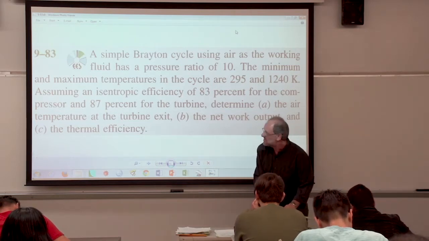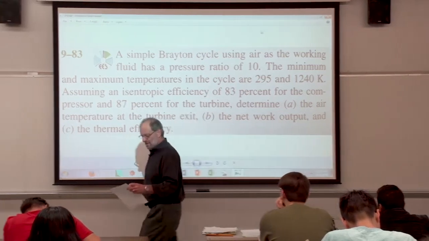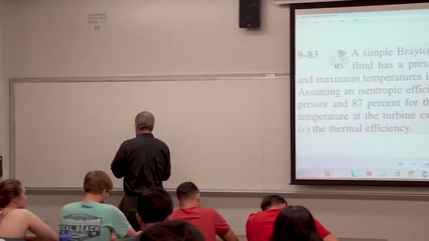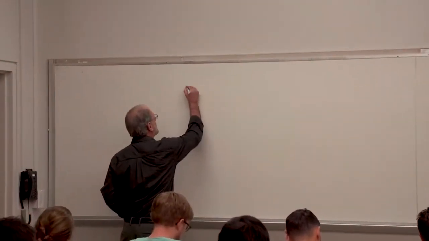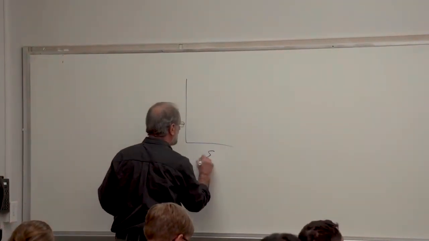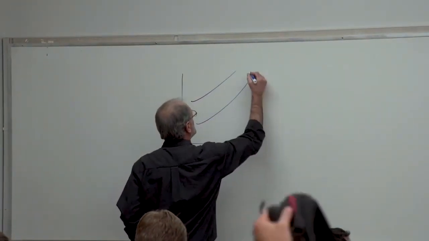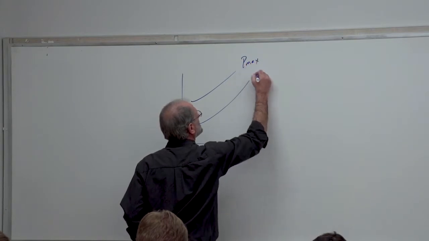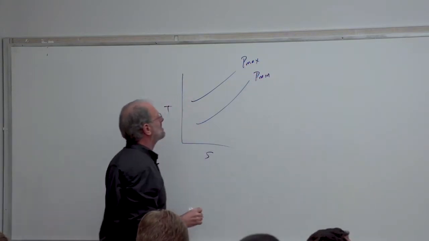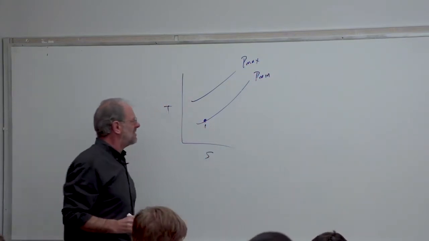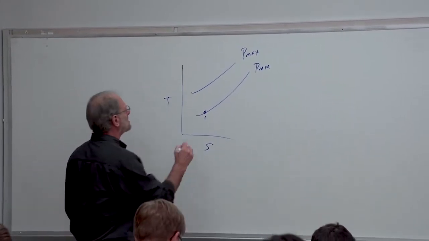So as we start this particular problem, let's just start with an illustration. Personally, I always like to start with a TS diagram. We should show the minimum and maximum pressures within the cycle. We know that state point 1 represents the beginning of compression.